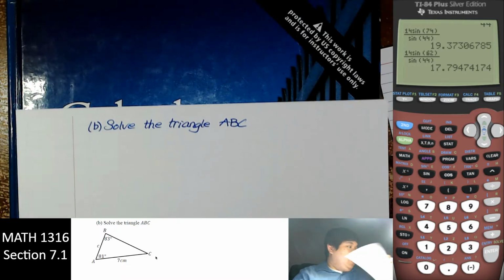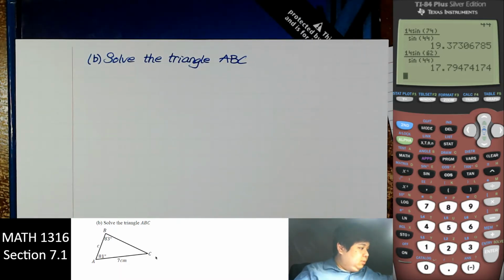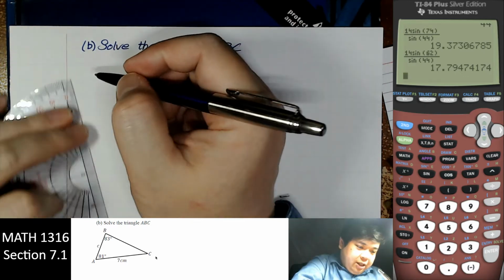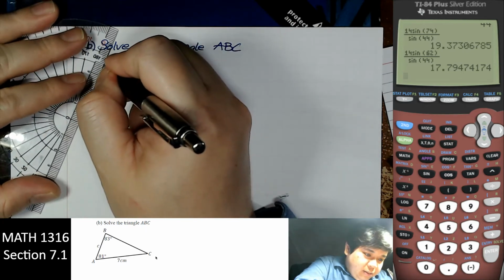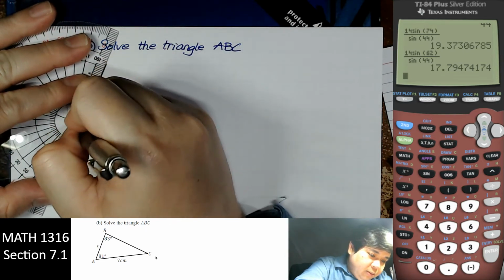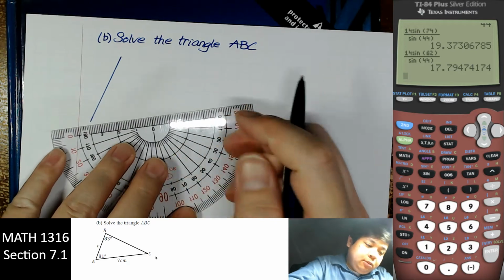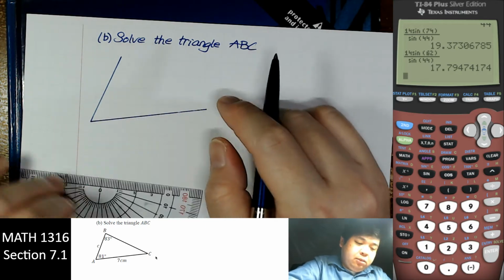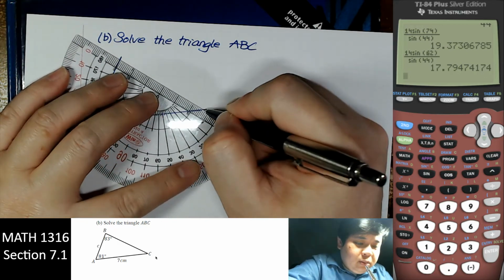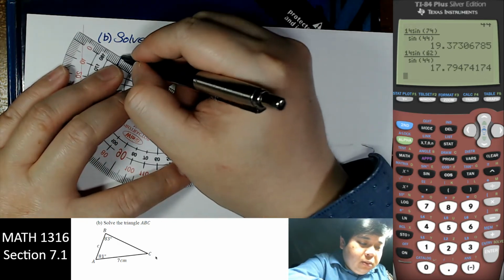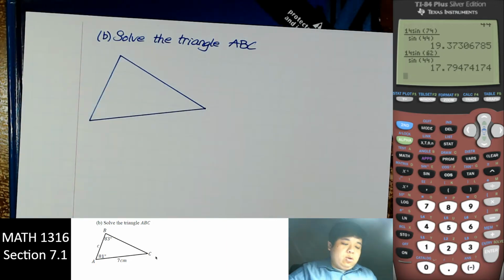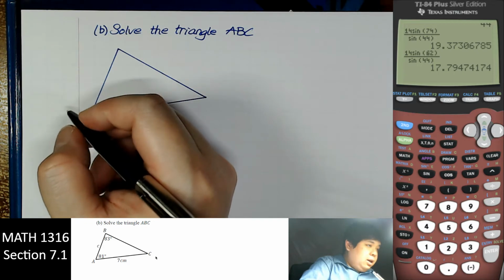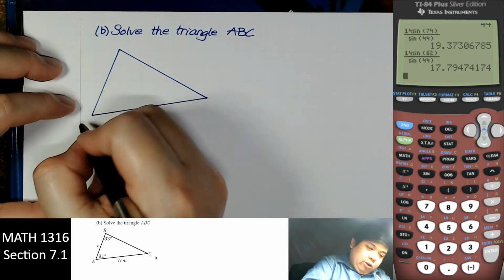Right. In this case, we are given a sketch. Right, so what we are given: triangle ABC.